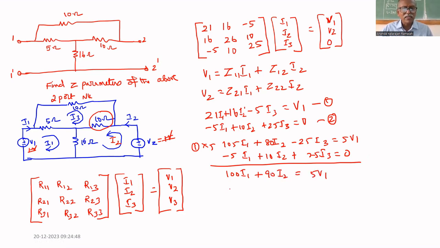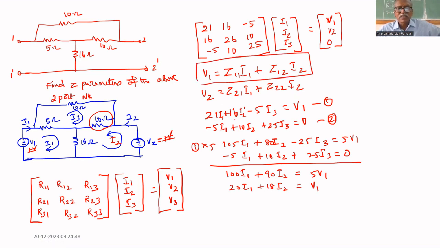Divide by 5, what will you get? 20 I1 plus 18 I2 equal to V1. So therefore, Z11 is 20, Z12 is 18. Compare this and this. V1 equals 20 I1 plus 18 I2, we got.